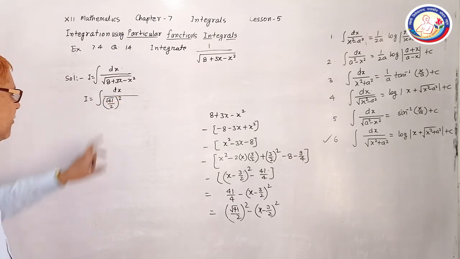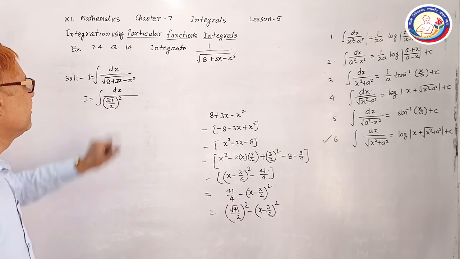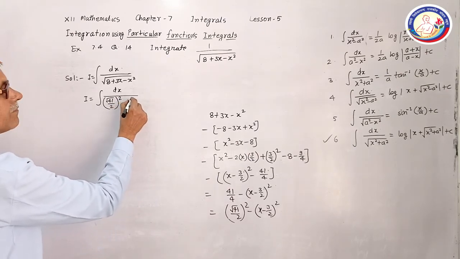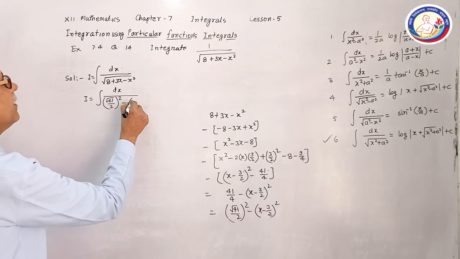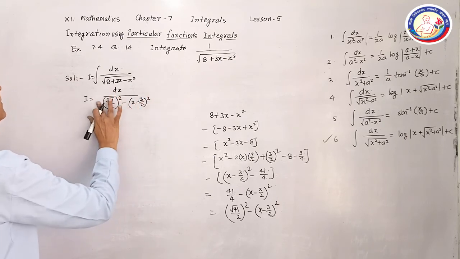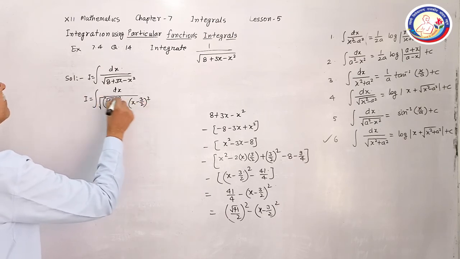Square of root 41 gives 41, and square of 2 is 4. This minus (x minus 3 by 2) whole square. And the square root is here, I had forgotten it.